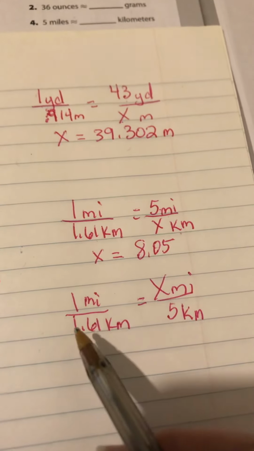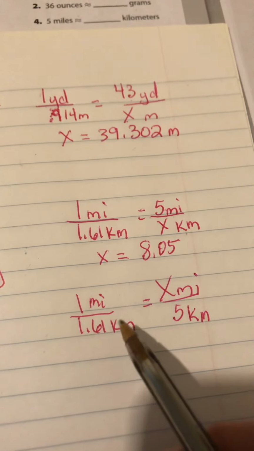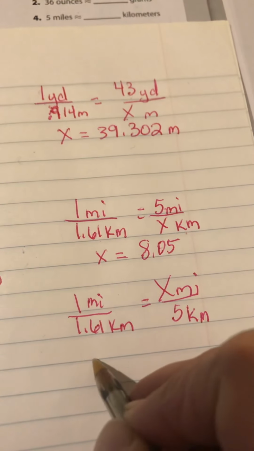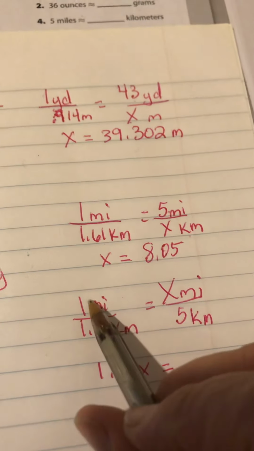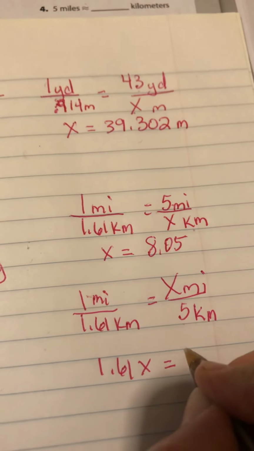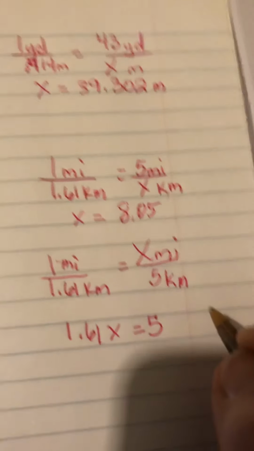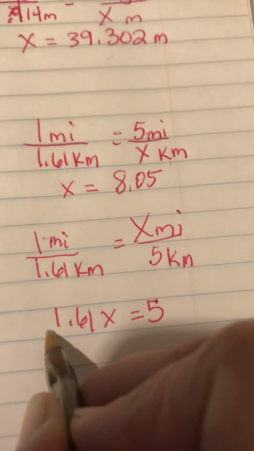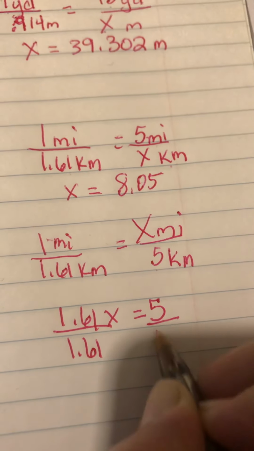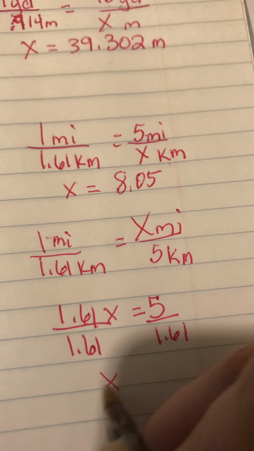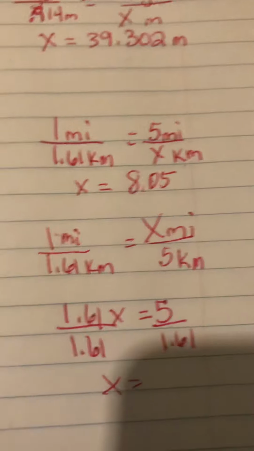This time when I cross multiply I would get 1.61x, and 1 times 5 is 5. Then I would have to divide by 1.61, 5 divided by 1.61.